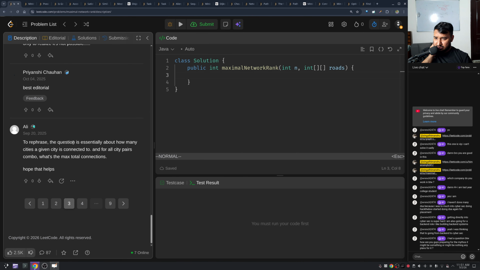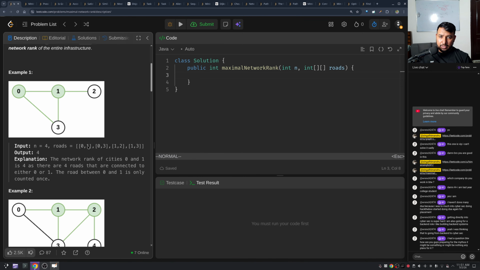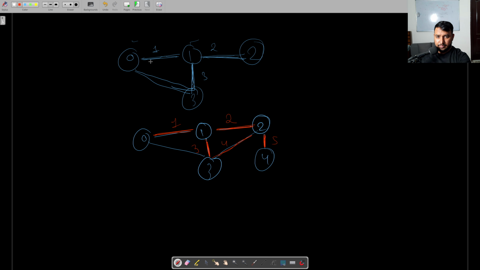Okay. The question is essentially about how many cities a given city is connected to, and for all city pair combinations, what's the max total connection? If I try to understand it this way, for 0 and 1, we have a connection from here, so that is 1. We have a connection from here, right?